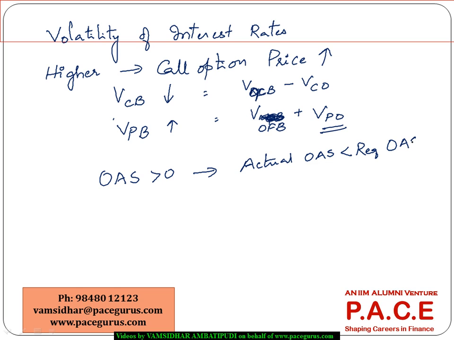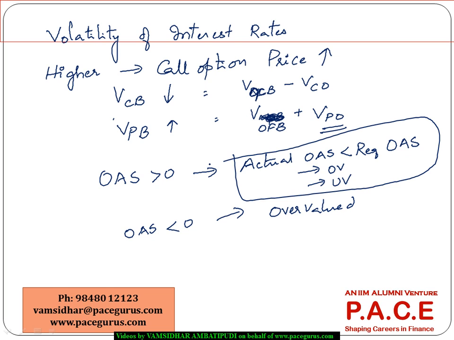If the actual OAS is less than the required OAS, we say overvalued, otherwise we go with undervalued. But when the option adjusted spread is negative, in all cases we can directly say overvalued. I don't need to do this kind of comparison at all.